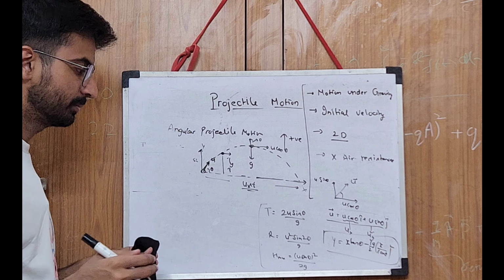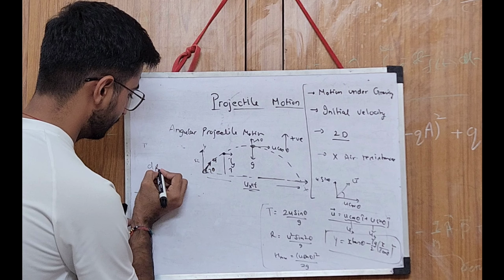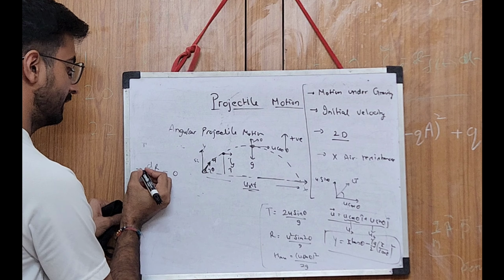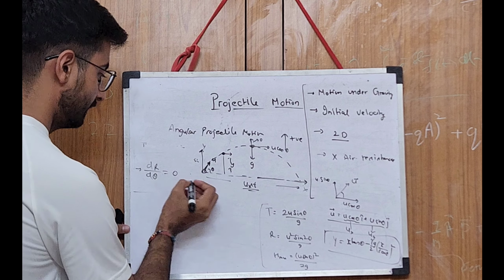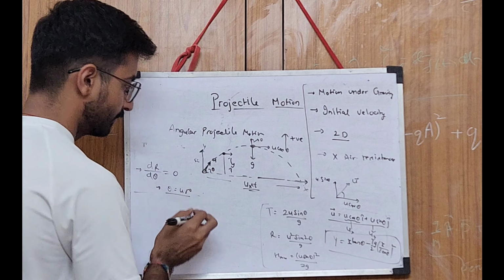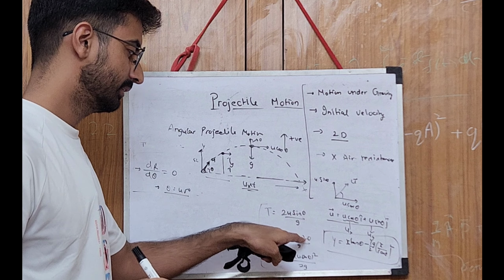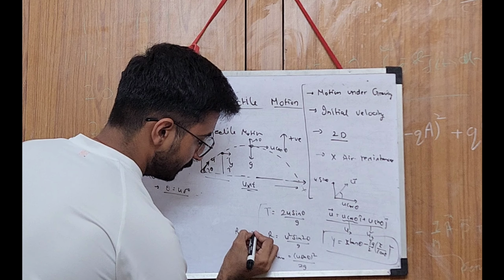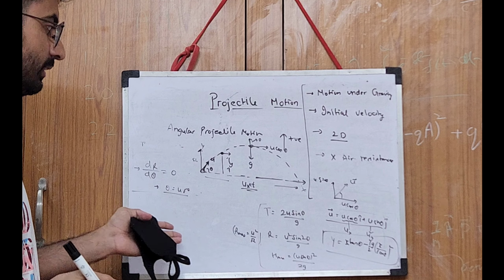Here we all know how to maximize any quantity. So if we maximize range with respect to theta, at what angle will it give the maximum range? After solving this, theta is equal to 45. So when theta is 45, it will give the maximum range. If you put theta here, R maximum will be u square by g. So it will be independent of theta.